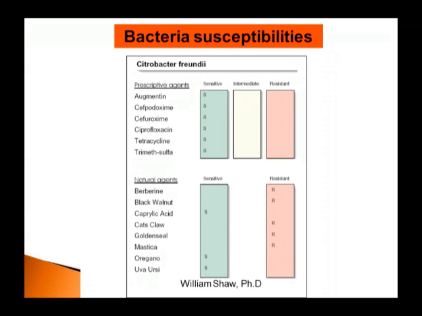In this particular example of the Citrobacter bacteria, they're analyzing various substances, prescription antibiotics such as Augmentin, etc., as well as natural remedies. The S means that the bacteria is sensitive to the treatment. The R means that the bacteria is resistant. So essentially you're trying to pick the S's and stay away from the R's.